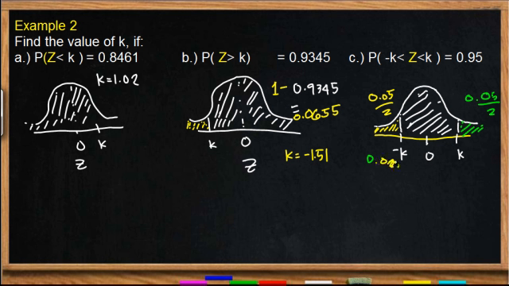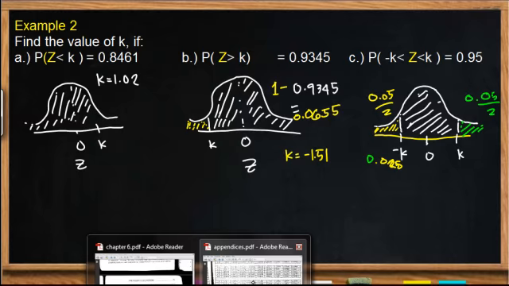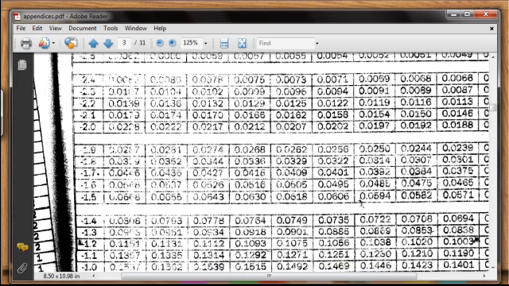So 0.025 nga area nag-correspond na siya from left to negative k. So mo to nung pangitaon 0.025.